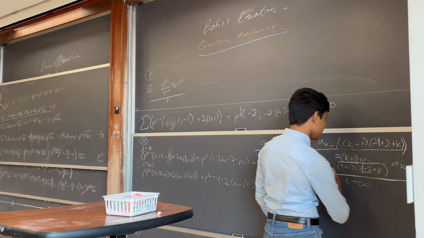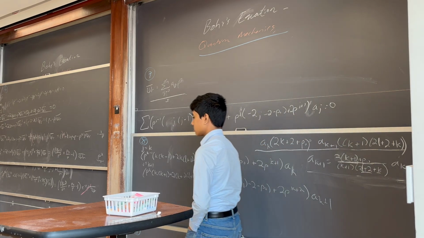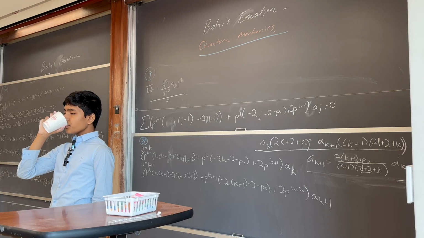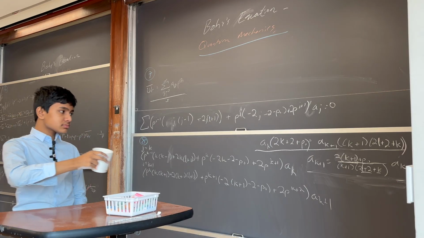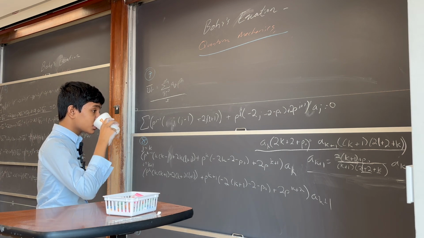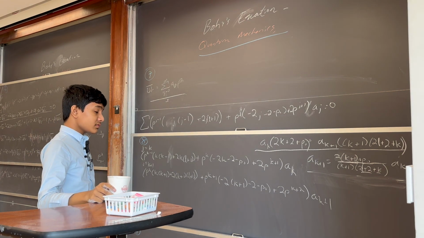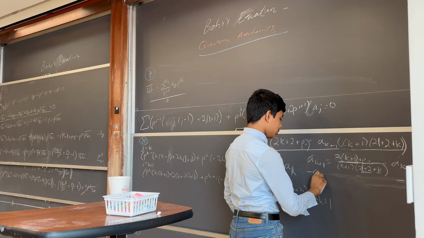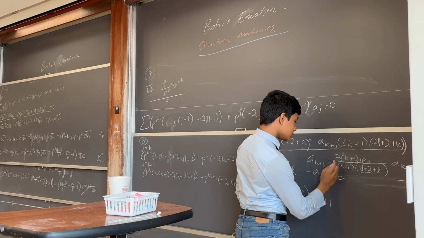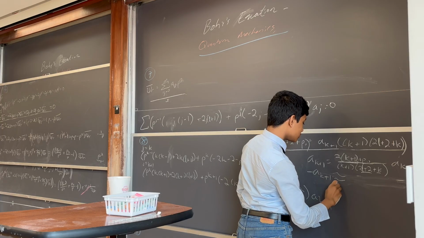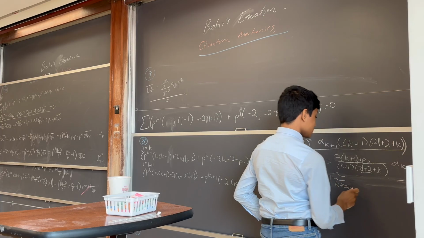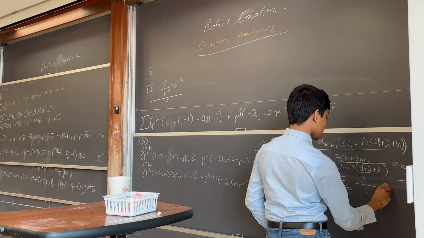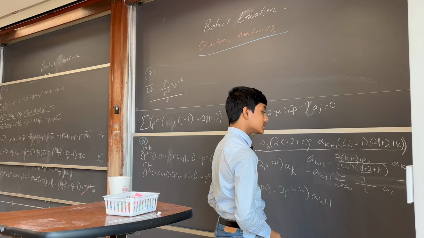As k approaches infinity, ak plus 1 is going to approximately look like 2 over k ak.